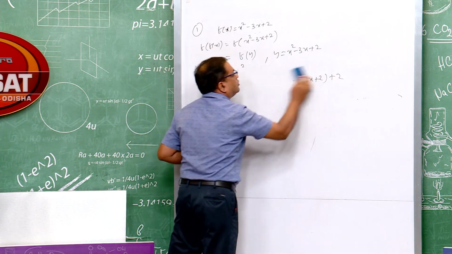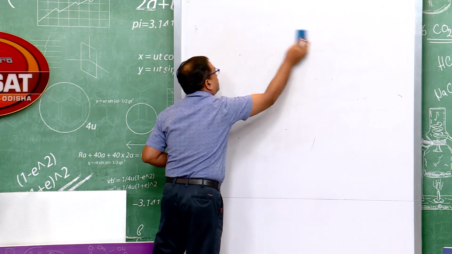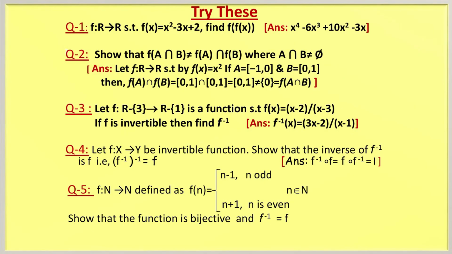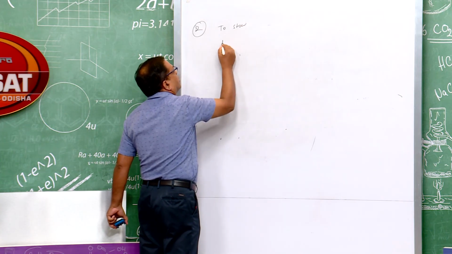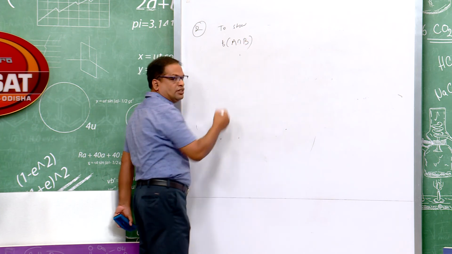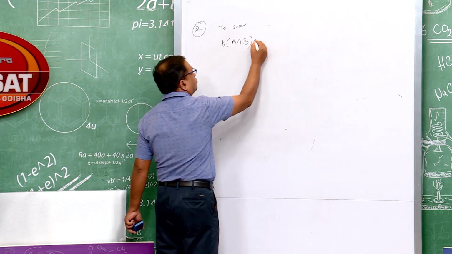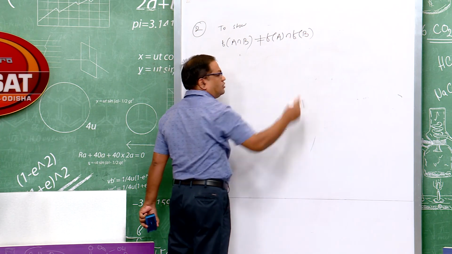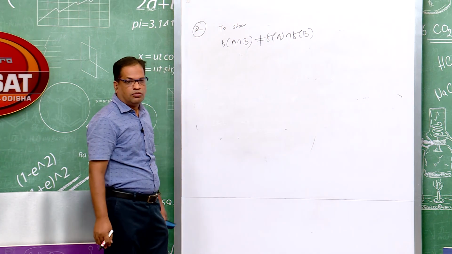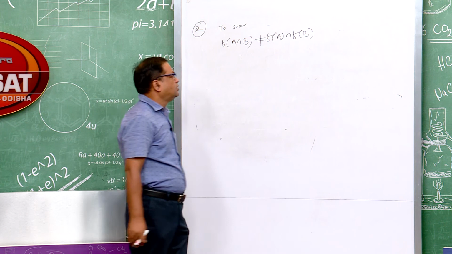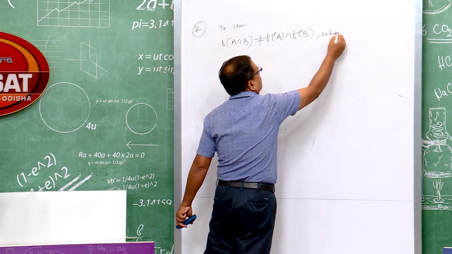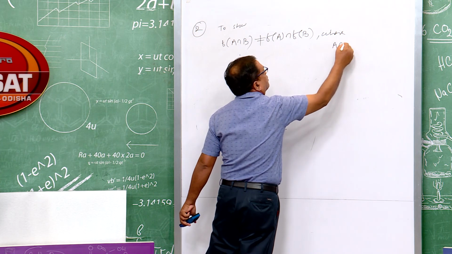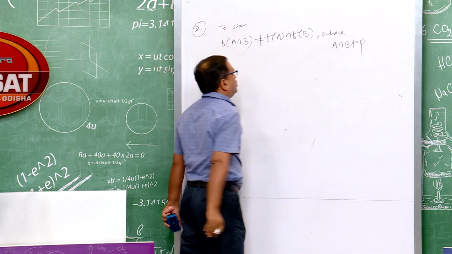Now, what is the second question? The second question is to show that f of (A intersection B) is not equal to f(A) intersection f(B), where A intersection B is not equal to phi.